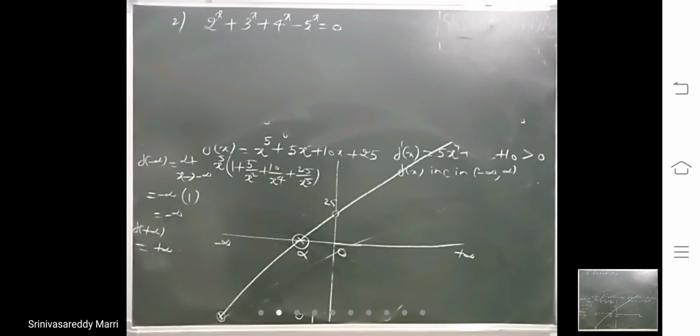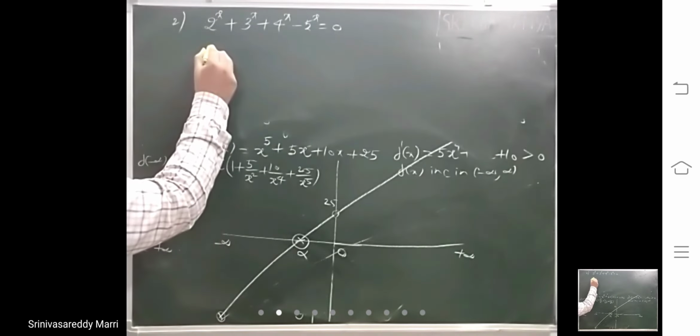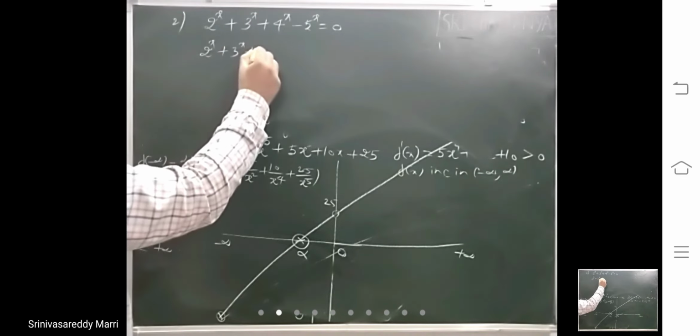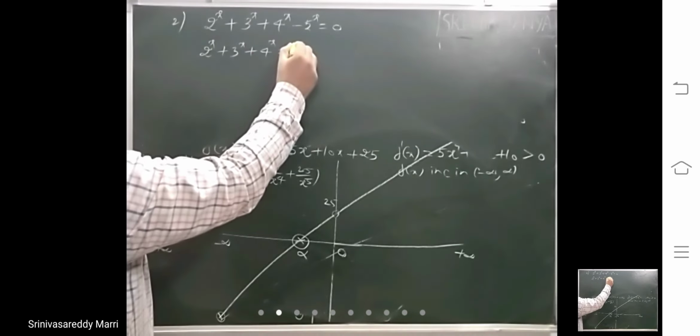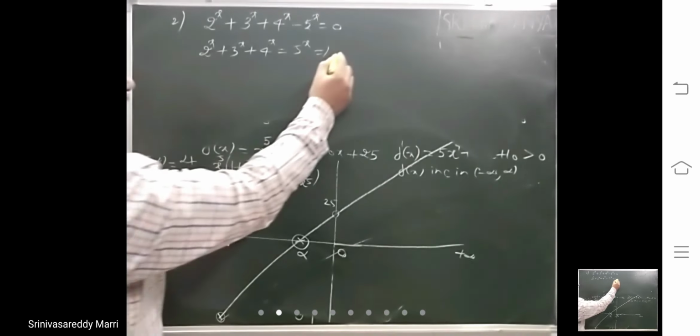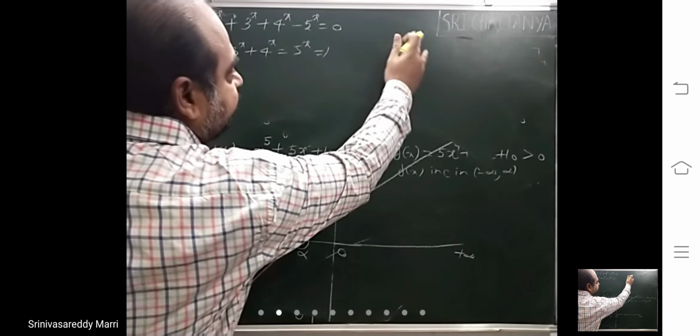You have to draw the graph of that. Look at this equation. I am converting it like this: 2 power x, just converting the equation equal to 5 to the power x. That means 5 this side, 5 this side.